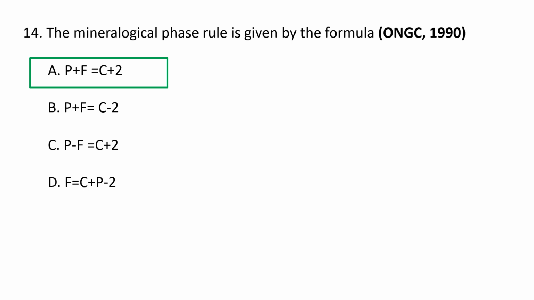This phase rule was proposed by Goldschmidt in 1911. It is also known as the metallurgical phase rule. It is a special boundary condition of the Gibbs phase rule, which states that the temperature and pressure are externally controlled and probably variable across the stability range of a particular assemblage. So A is the correct answer.